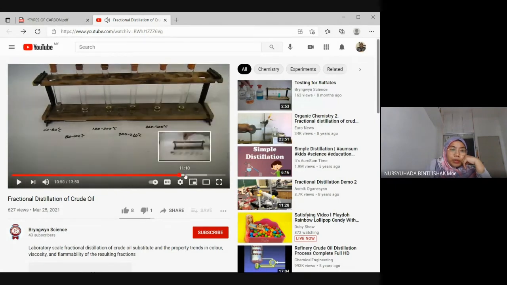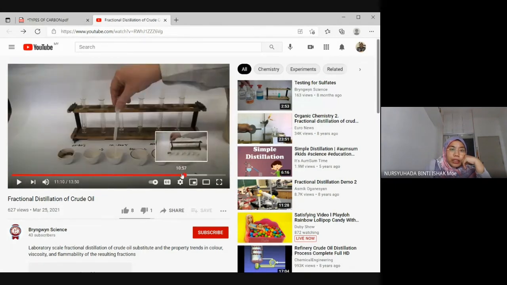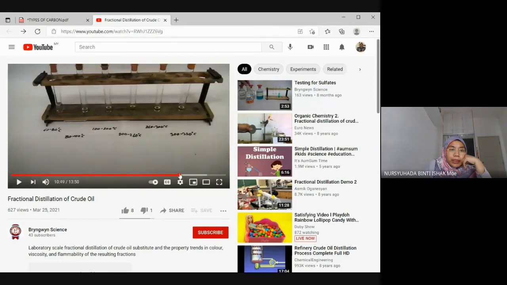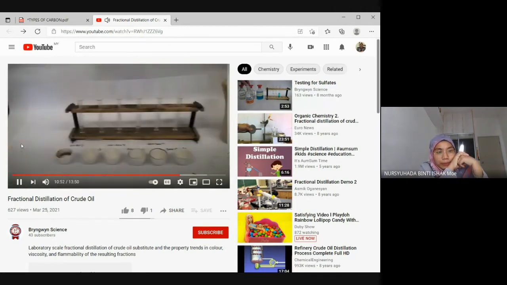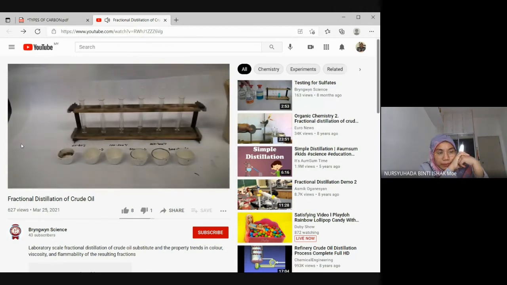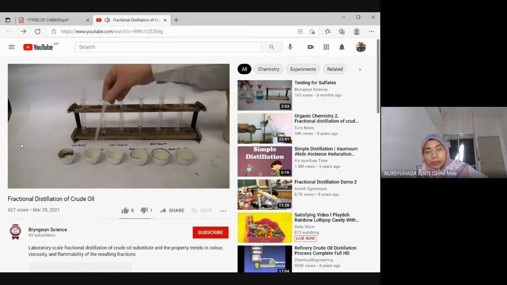Okay, kita sambung. Viscosity. Okay, now kita nak tengok dia punya flammability. And that is flammability. Time now to look at flammability of the different fractions that we've collected. If I put a small sample of each, not much, we don't need much.